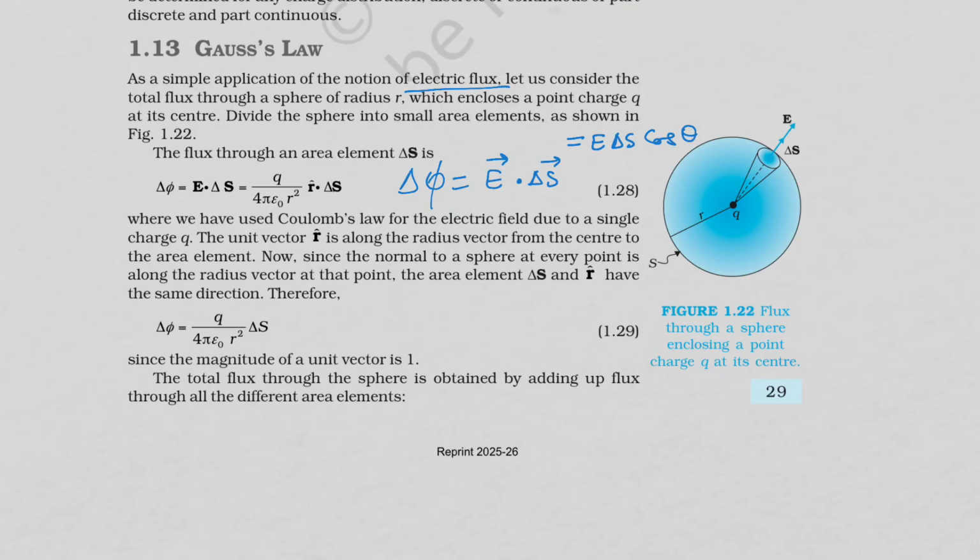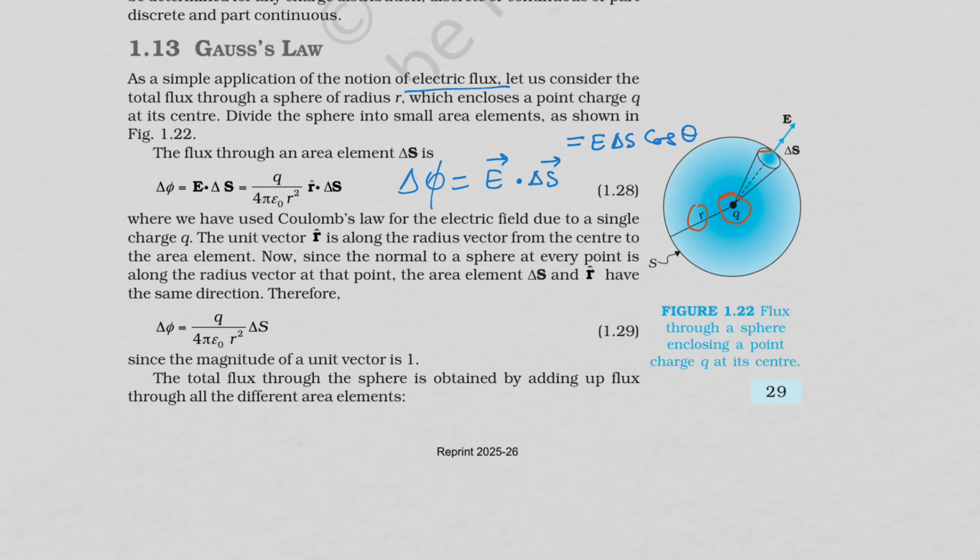Let's focus on the figure here, figure 1.22, in which a charge is there and a sphere is drawn. This sphere represents the Gaussian space, the Gaussian sphere, the radius of which is given as r.